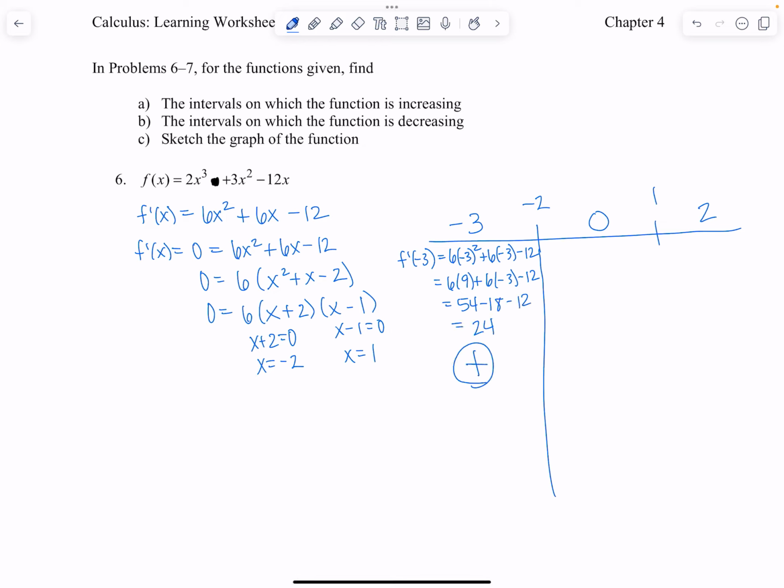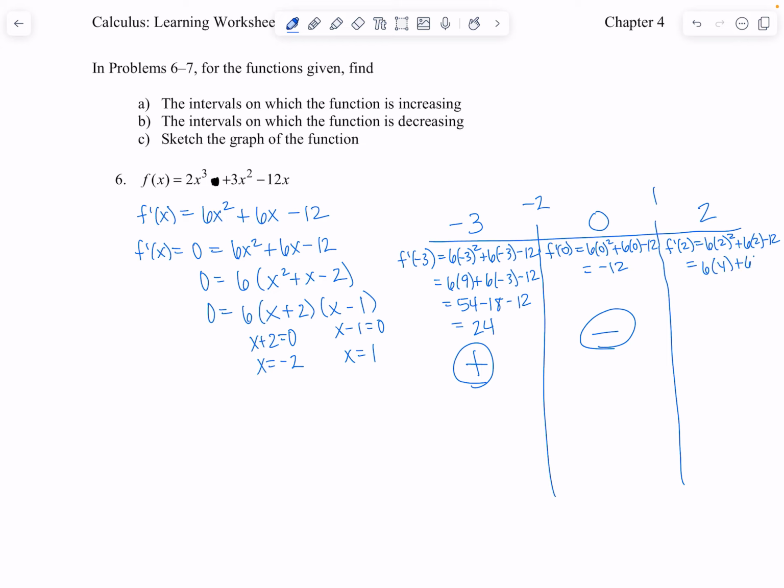So we have positive. 0 will give us 6 times 0 squared plus 6 times 0 minus 12, so we'll have -12. And 2 will give us 6 times 2 squared plus 6 times 2 minus 12, which will give us positive 24.